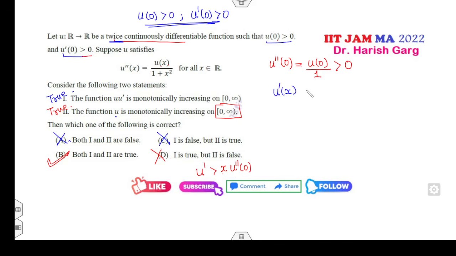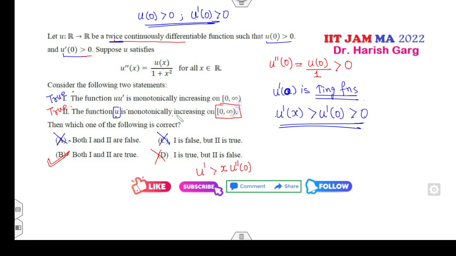That means u dash is an increasing function. If u dash of 0 is positive and u dash is an increasing function, that means u dash is positive. So u dash positive means u is an increasing function.